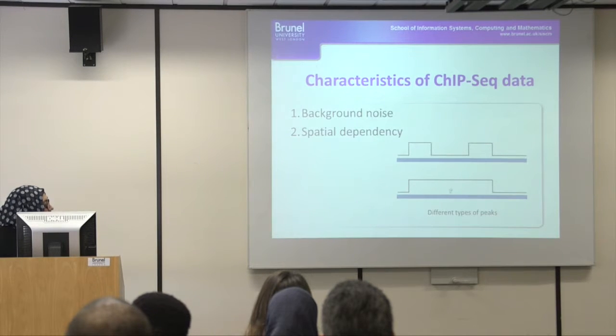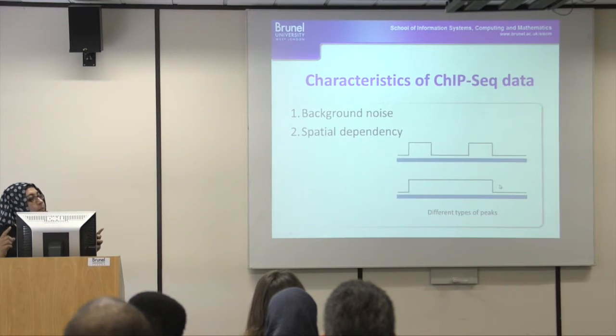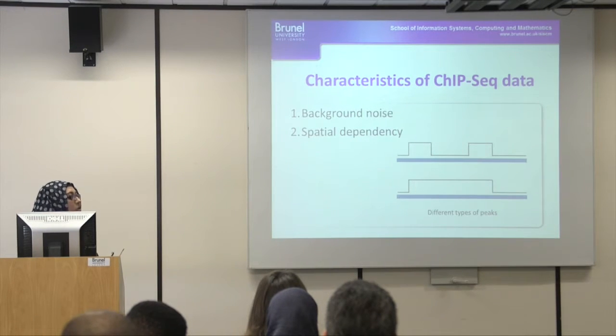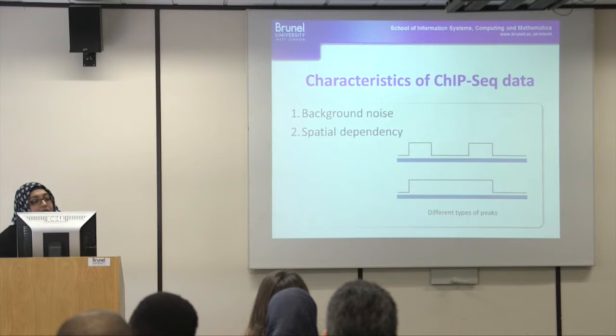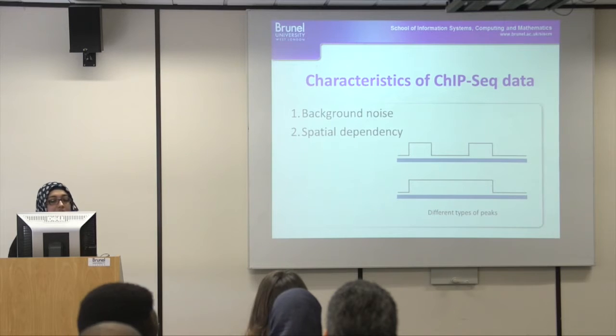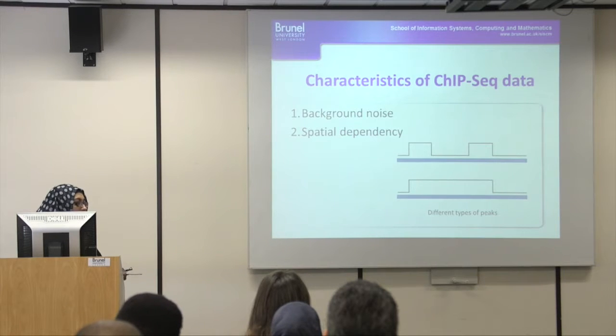Each bin or window has small counts, but because the peak is broad, those regions should be called protein bound. But if the statistical method you are using does not consider this spatial dependency, you ignore lots of useful information in modeling the data.